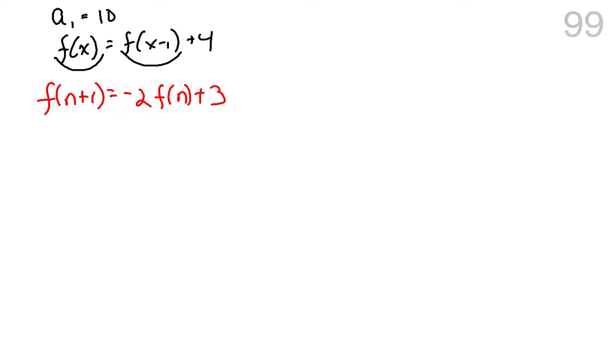No. The new term is negative 2 times the previous term. Look, the n plus 1 term always comes after the n term. The x minus 1 term always comes before the x term. So I would have a term, a term, a term. And if this term here is n, what's the term before n? N minus 1. What's the term after n?